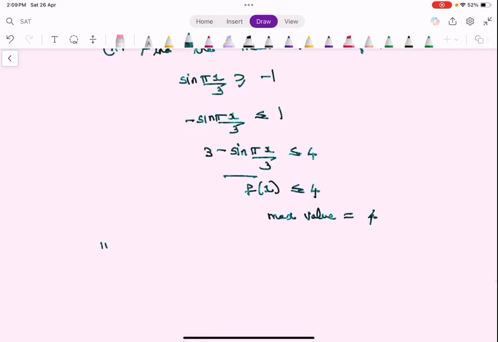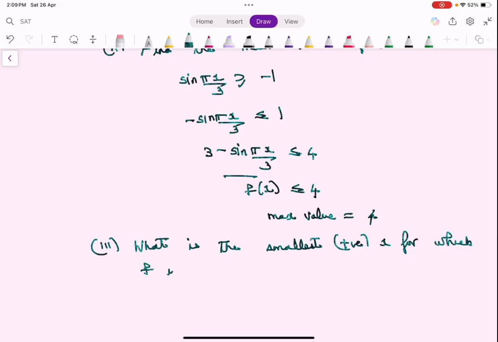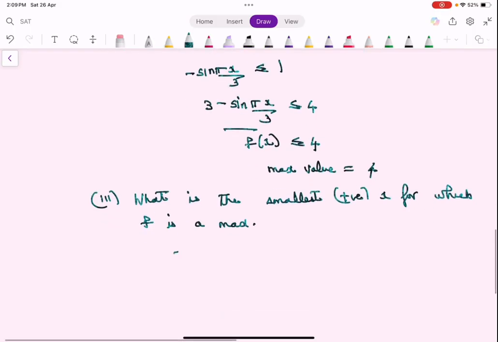Let's see one more question on this part. What is the smallest positive x for which f is a maximum? Now f is maximum when sin pi x by 3 is minus 1.